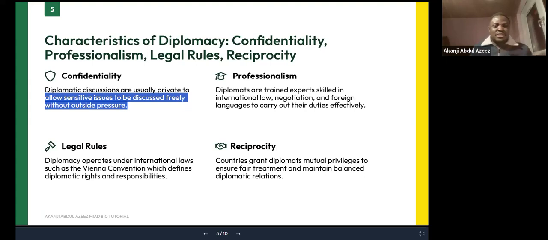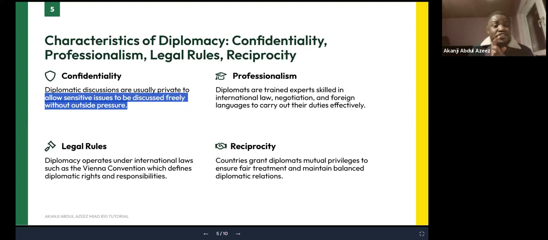Confidentiality needs to be balanced with transparency and public accountability. If you are saying you are working, let us know what you are doing. Even if you cannot expose everything, let us know what you are doing. So transparency and public accountability have to be balanced with confidentiality.